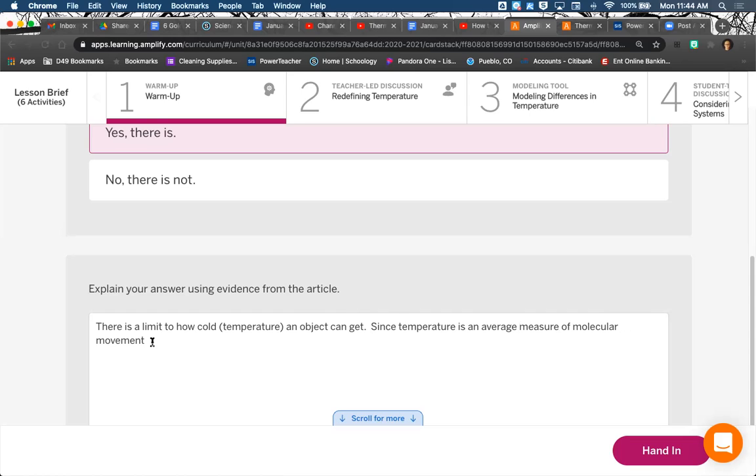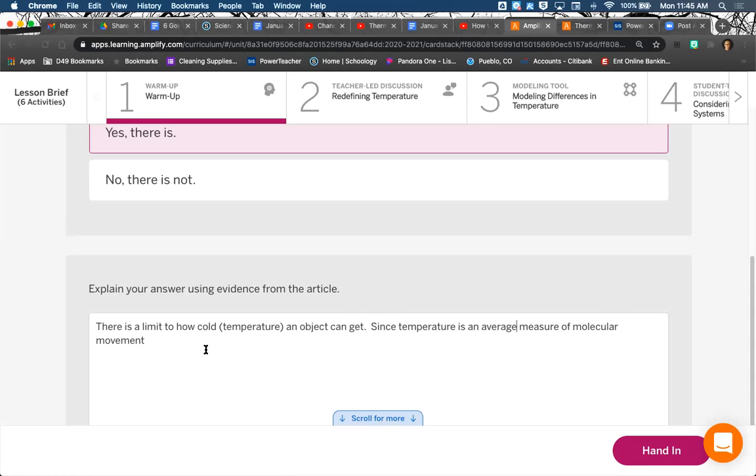And so the molecules are all kind of moving at a different speed. If one end of the object is at 100 degrees and the other end of the object is at 50 degrees, then there's going to be changes in that molecular movement.